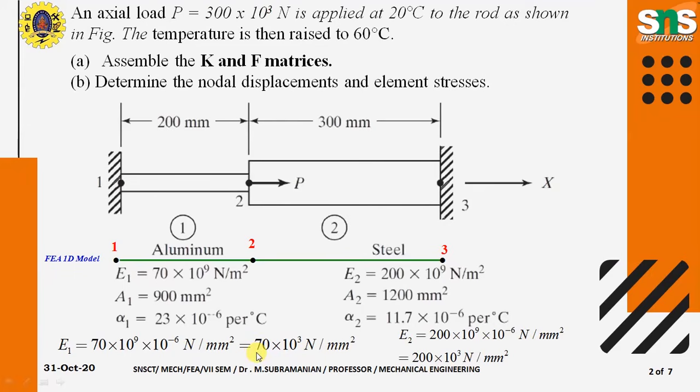So finally we obtain the Young's modulus for element 1 as 70 into 10 power 3 Newton per millimeter square. Similarly, the Young's modulus for element 2 is 200 into 10 power 3 Newton per millimeter square.